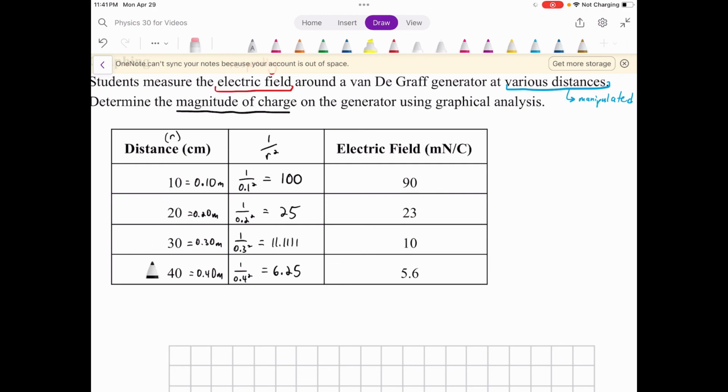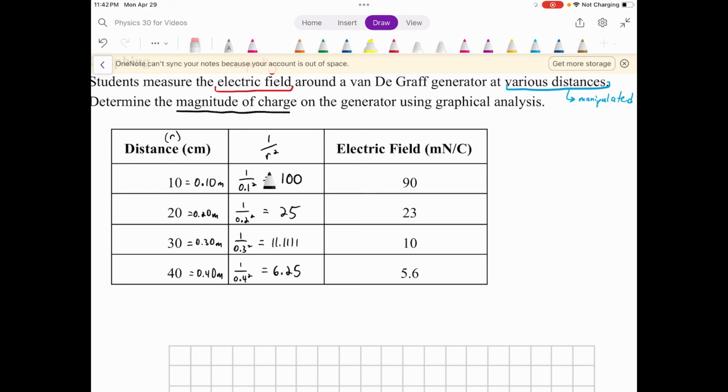This is not a linear relationship, right? Doubling it made it about 1/4 as large, but then tripling it made it about 1/9 as large. Quadrupling it made it about 1/16th-ish as large, okay? So r is not linearly related to the electric field strength.